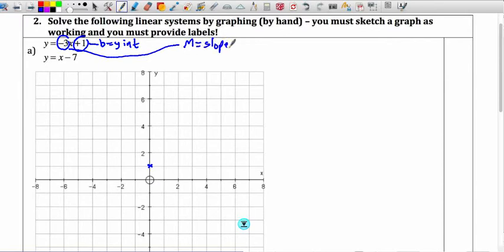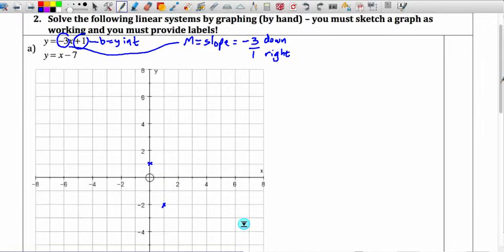And if the slope is minus 3, that in fact is minus 3 over 1, which means 1 to the right and 3 units down, and that's because of the negative. And so from this point I'm going to go 1 to the right, 1, 2, 3 down, and that'll be the second point on my line.